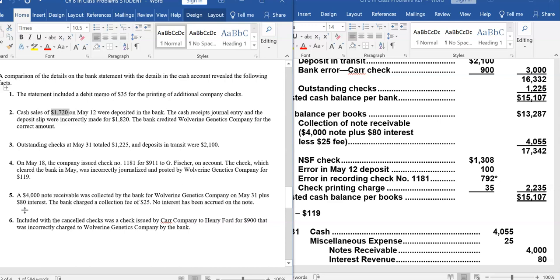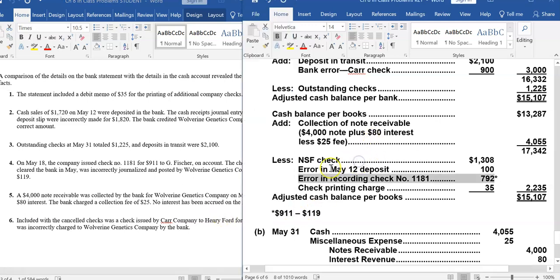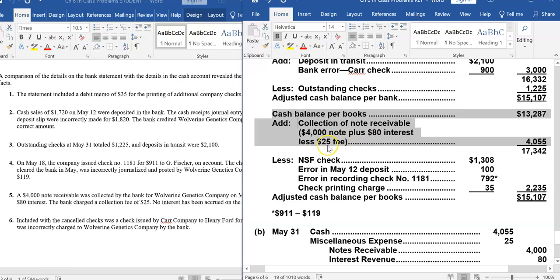The bank withheld $25 as their collection fee. This collection has already been recorded by the bank. The book hasn't recorded this collection yet. So we know we're going to be on the book side of the reconciliation. The books need to be increased for this collection. $4,080 was collected, but $25 was withheld by the bank. So the cash to be increased is $4,055.